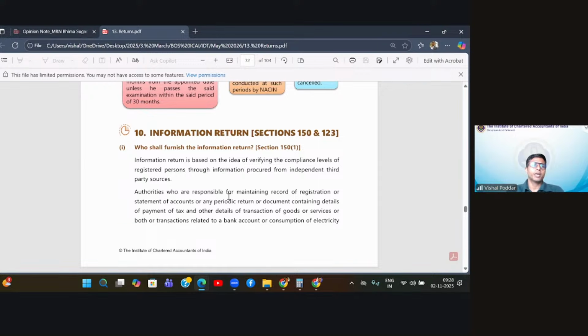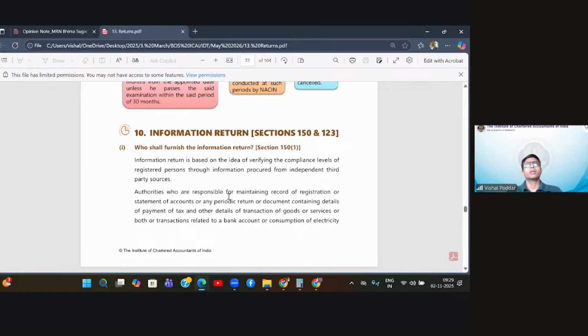So as we started our previous class where I said why returns are required. I told you that GST and other taxation laws follow the concept of self-assessment, which requires that the taxpayer himself, herself, itself files and furnishes all the information to the government, and on the basis of that, assesses the tax and pays the tax.